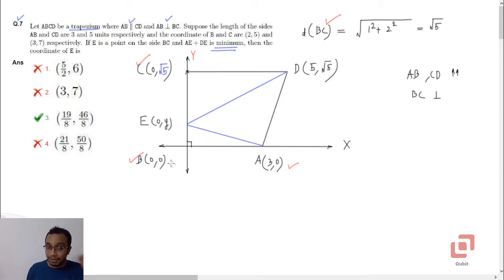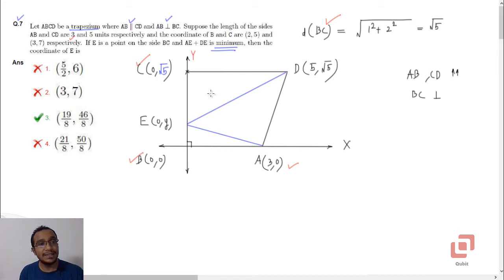Now because AB is our positive x axis, and they have given that the side AB has length 3 units, automatically the x coordinate of A will become 3 and the y coordinate of A will become 0.